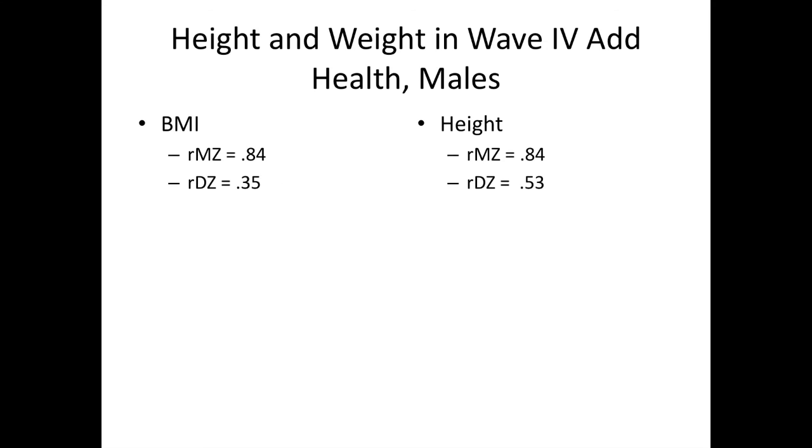This is just a very simple illustration of something that very commonly happens. This is from a large American sample, I'm not going to talk much about my data sources because I have other points to make. This is from a large contemporary American sample that includes twins and siblings called the Adolescent Health and Development Project. We refer to it as AdHealth.